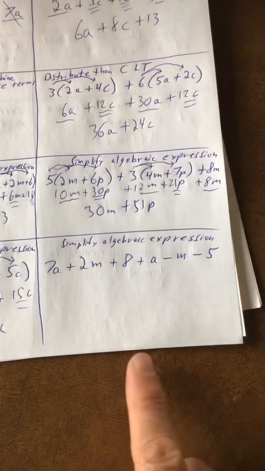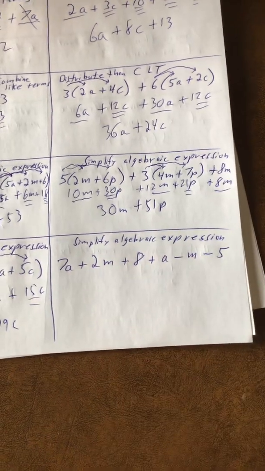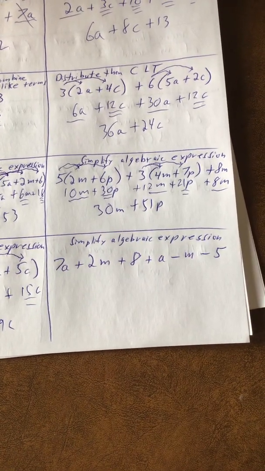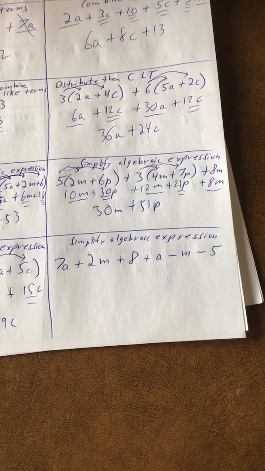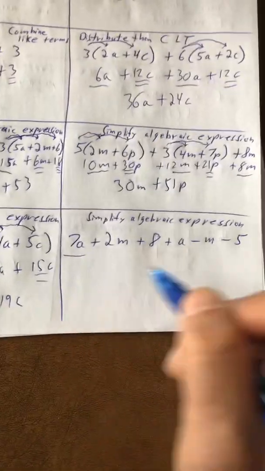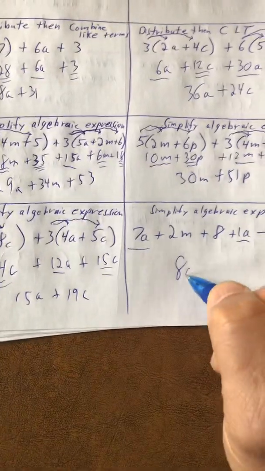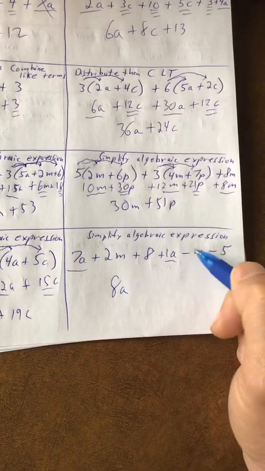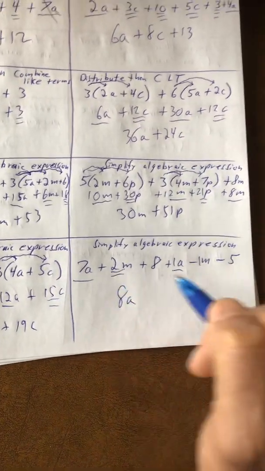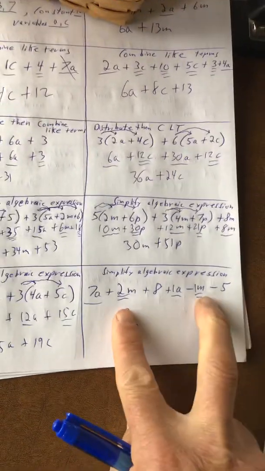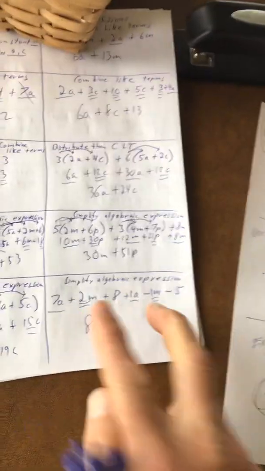Last one here, no distributing. So simplify the algebraic expression. Hit pause and do it. I'm going to go 7a, put a 1 there. 7a plus 1a is 8a. Put a 1 here. 2m minus 1m is 1m.